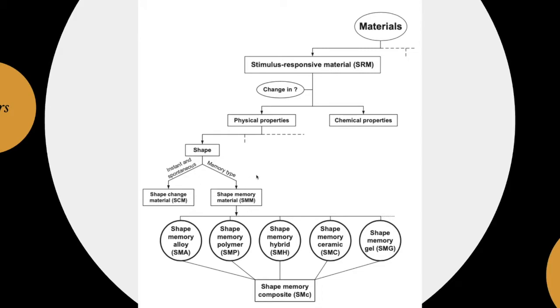But if it has a program to memorize the shape, so it will have the memory, we call it the shape memory materials. Some examples: alloy, polymer, hybrid, its combinations, ceramic, gel, and also the composite, all the combinations of these. Okay.